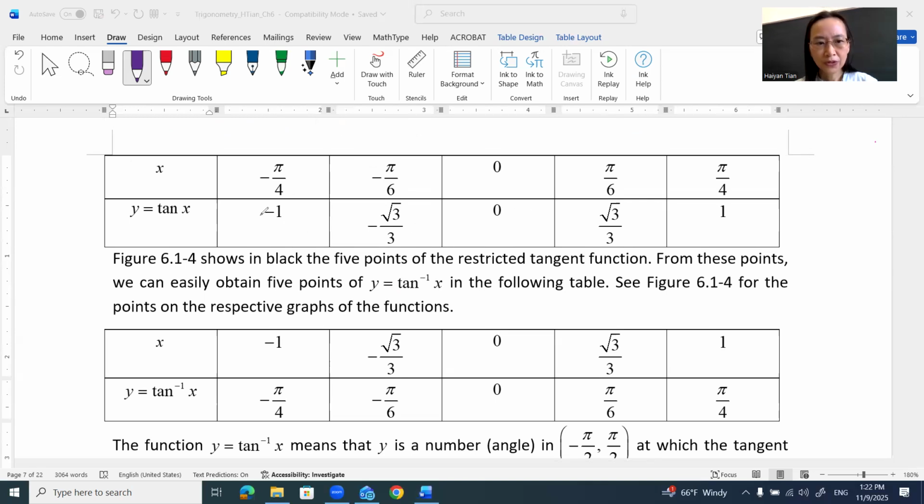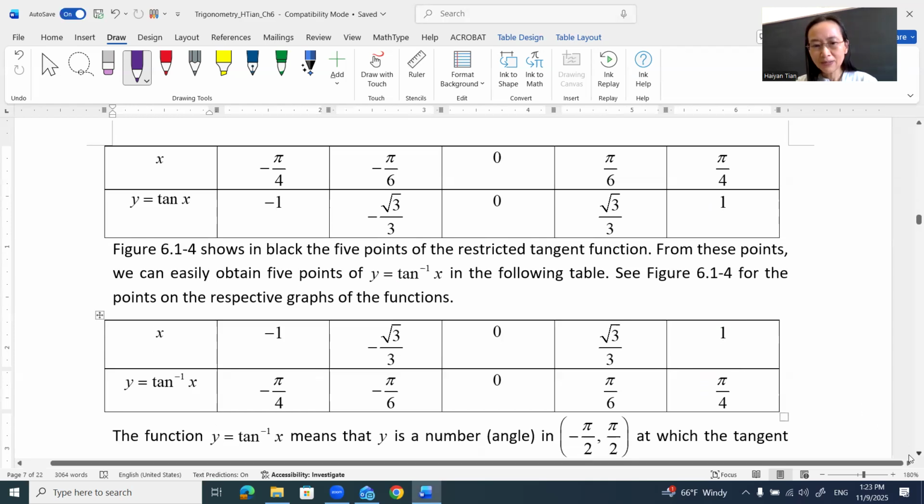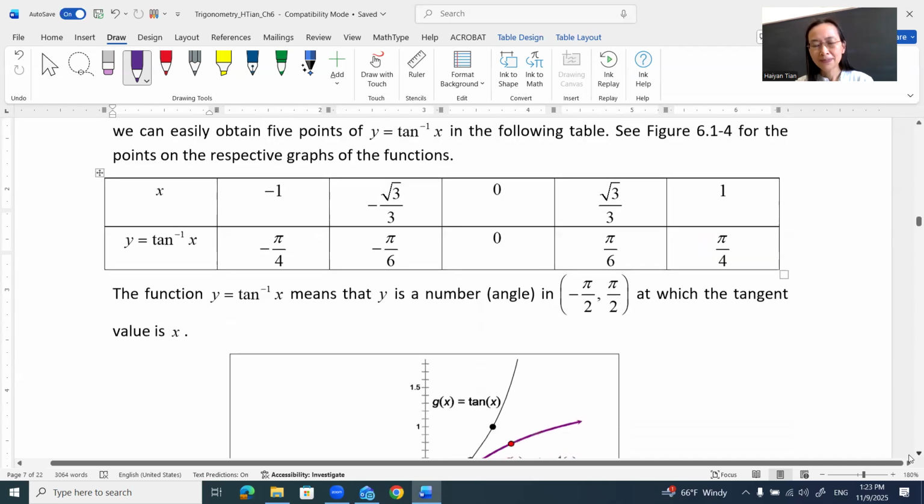If your input is -1 for the inverse, the value returned is negative pi over 4. And if you provide 1, the inverse function will give you pi over 4. That's why we have 1 and pi over 4 in the table for the inverse function. So for inverse tangent, we have 5 points, and then we can show them.